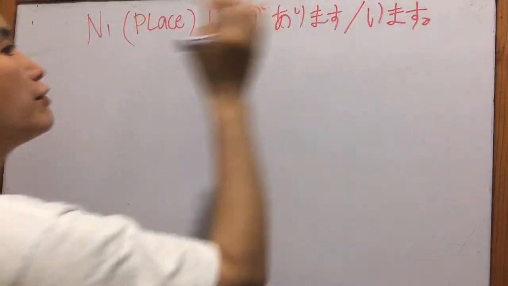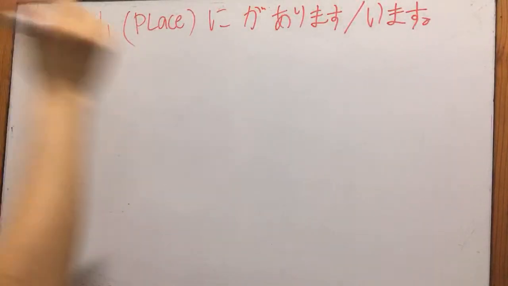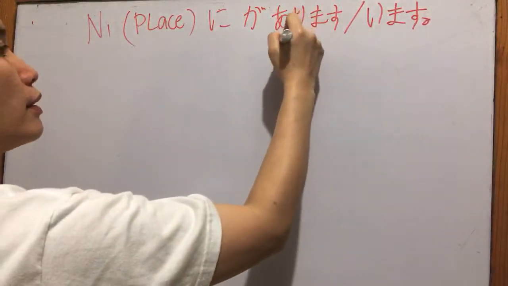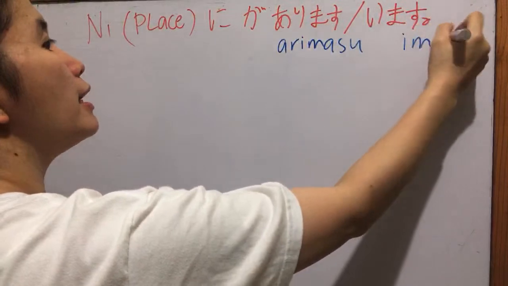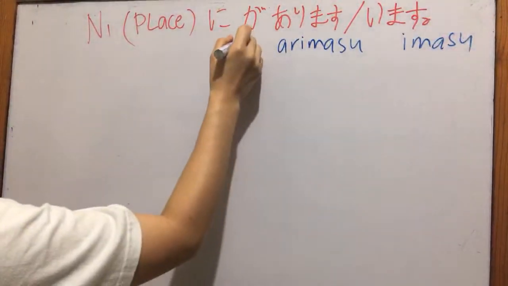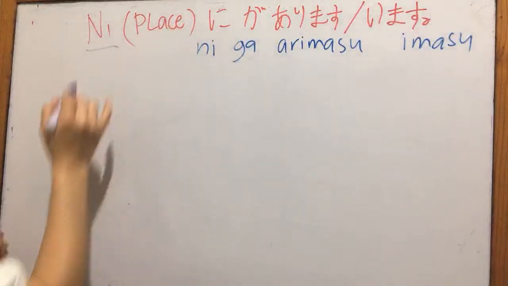This time, we will have a place. We will indicate the place. Tomodachi ga imasu. So, again, this is read as arimasu, imasu, ga, ni, and you have here your noun.